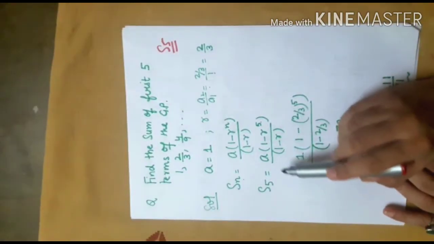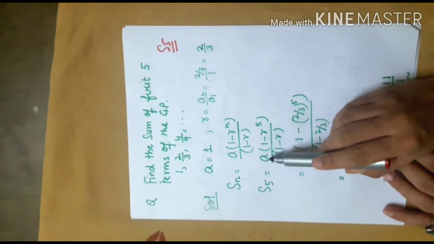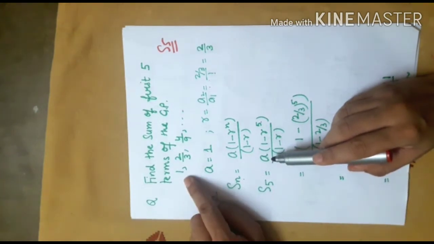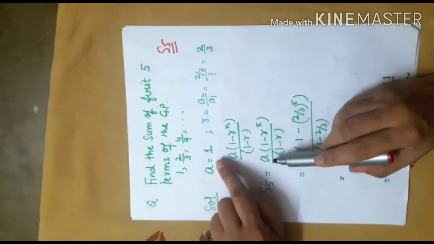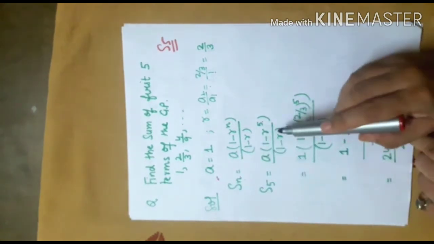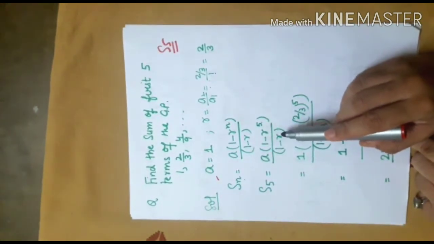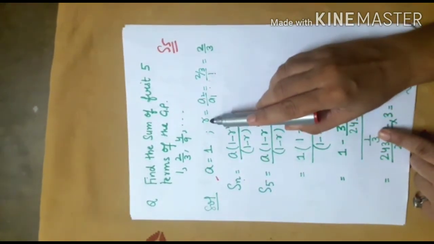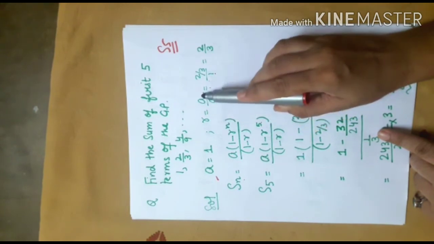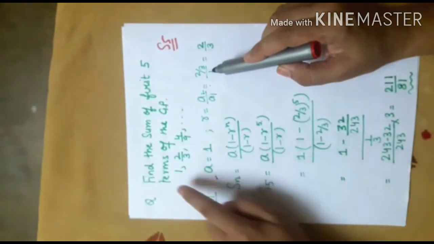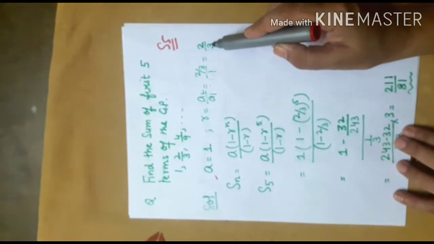Now here, a is the first term. So the first term of the GP is 1. So a is equal to 1. r is the common ratio of the GP. The common ratio of the GP is given by a2 over a1. That is 2 by 3 over 1, which is 2 by 3.